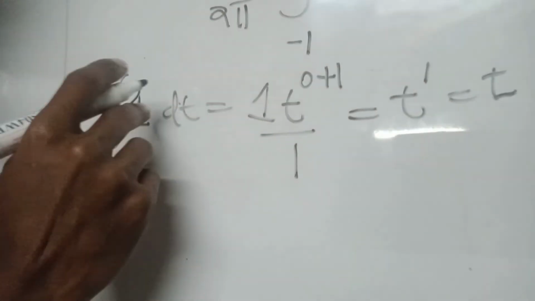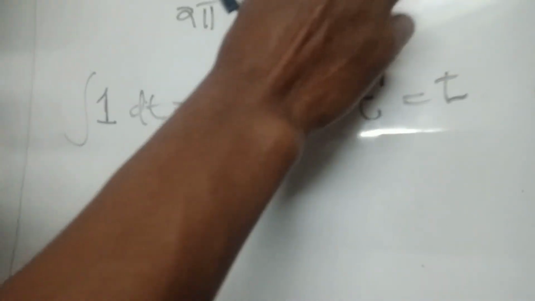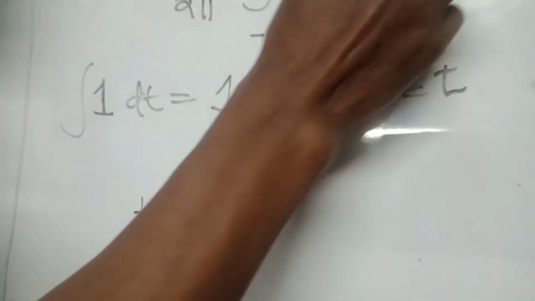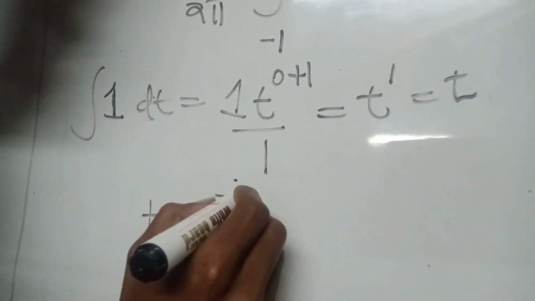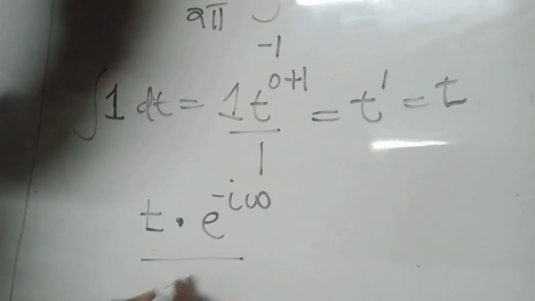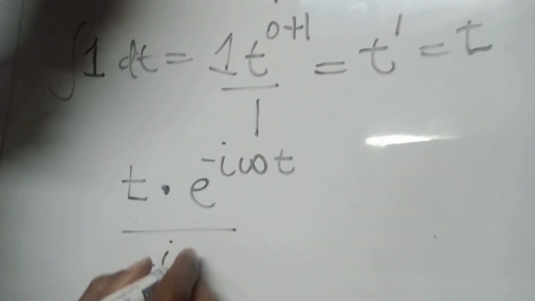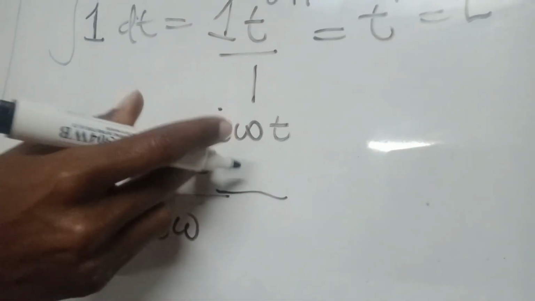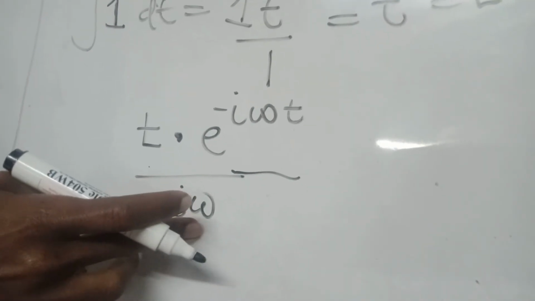So when we integrate 1 we get t, and when we integrate e to the negative i omega t, it becomes e to the negative i omega t over negative i omega, don't forget.